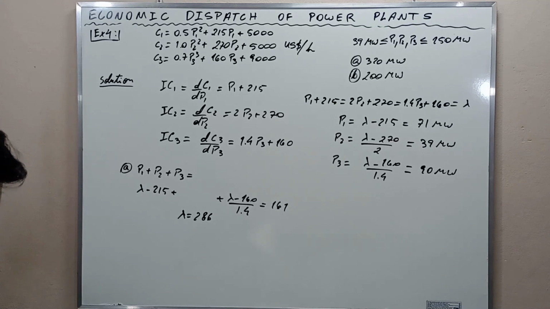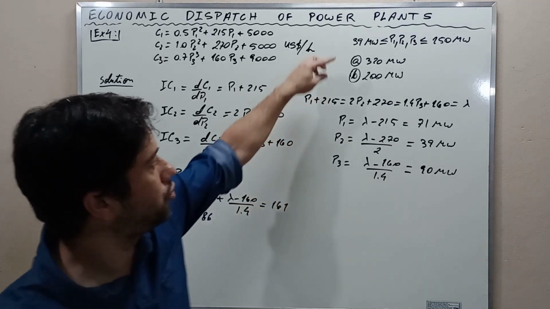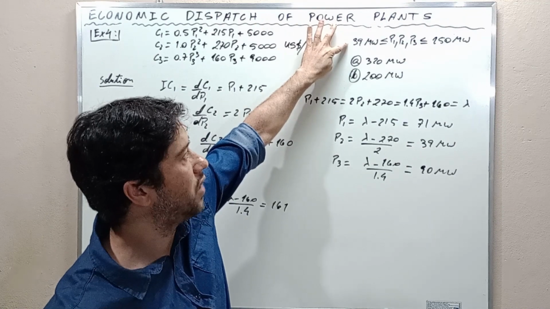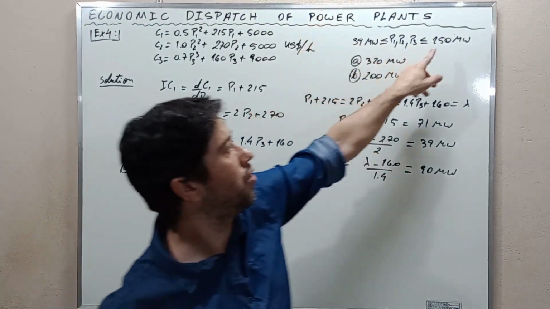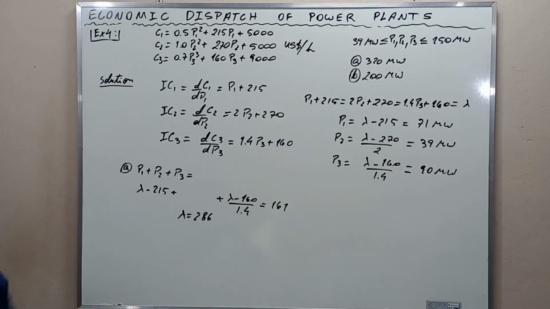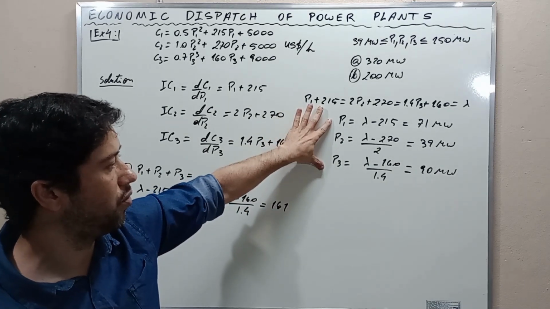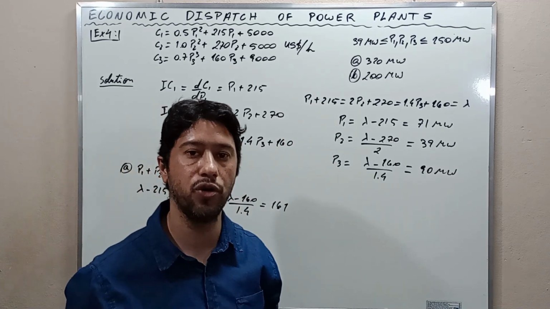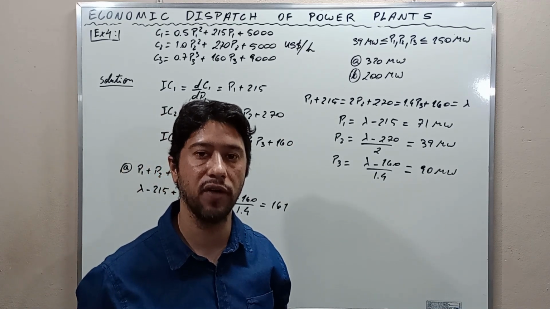Thus, the economic dispatch schedule of the generating units with this constraint here, because we have to bear in mind that they cannot assume values less or greater than this, okay, then the optimum schedule is this. Okay, my friends, and this is all for exercise 4. Let's go to exercise 5.